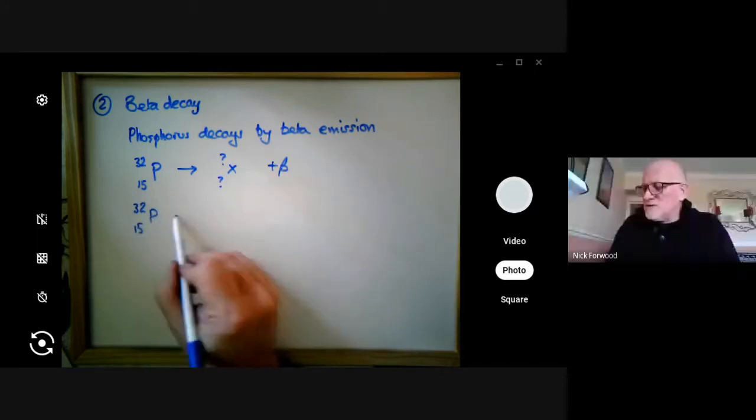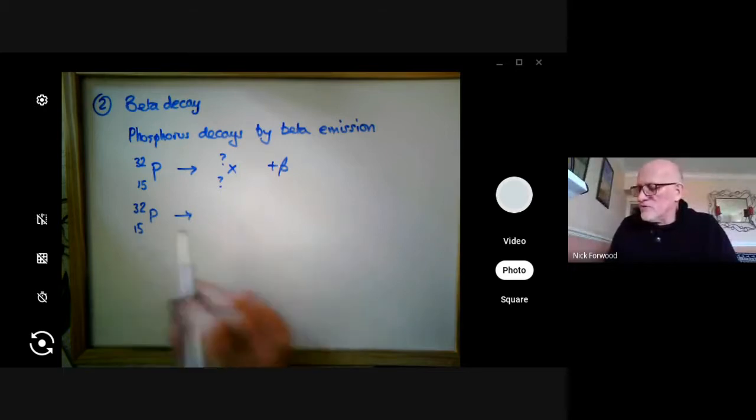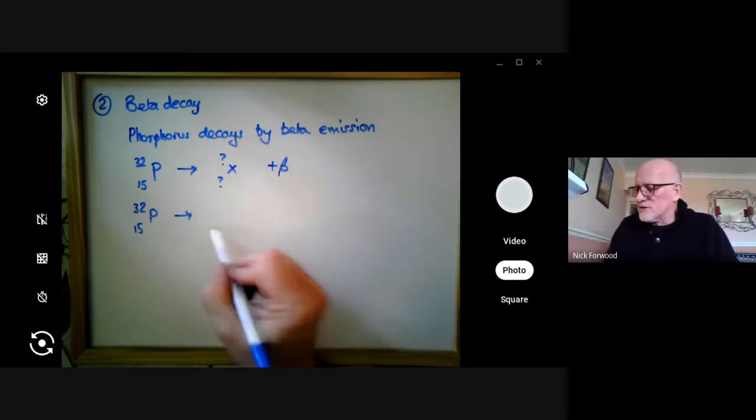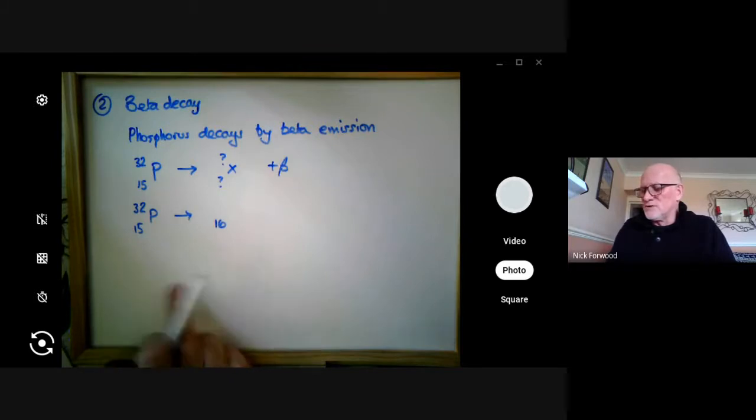When the neutron changes into a proton, which remains in the nucleus, the number of protons goes up. But overall, the number of neutrons and protons added together stays the same. The neutron just changed into a proton. So we're down by one neutron and up by one proton, and that cancels each other out.